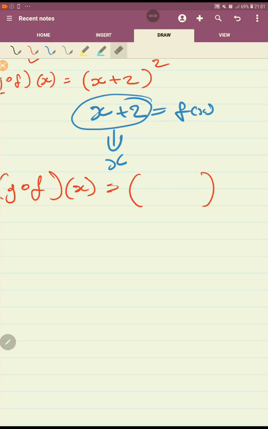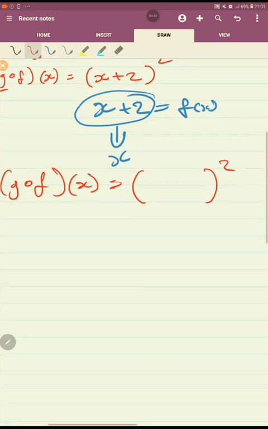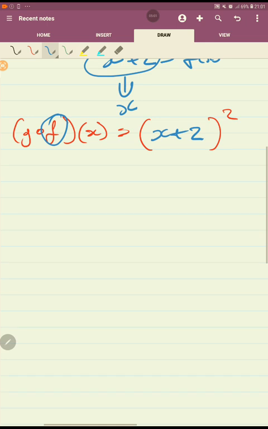This is the value of g, but because we have f that we have to put as x, wherever you see x, you put the value of f. Therefore we have x plus 2 inside the bracket. Get it? If you don't get it, forget about it.